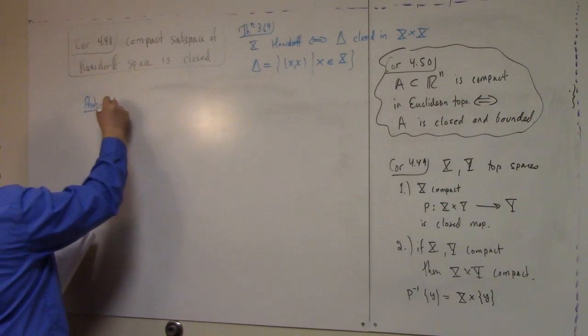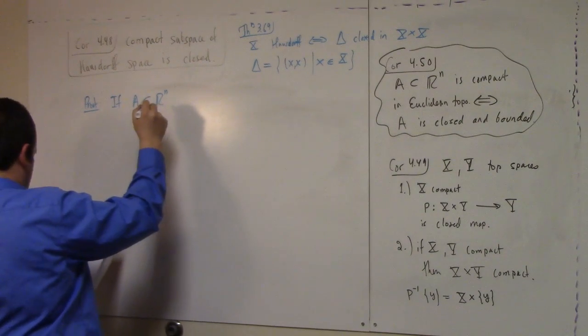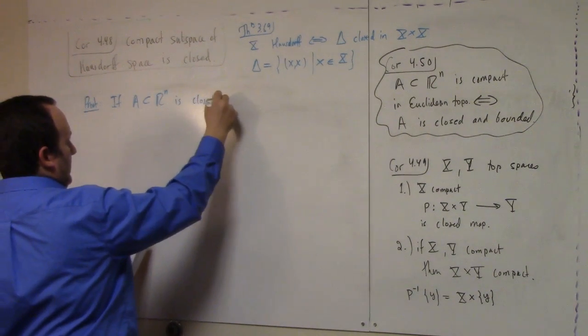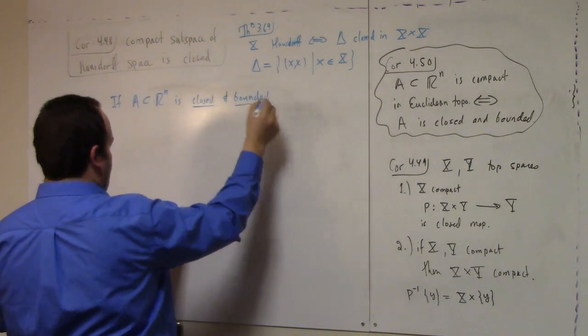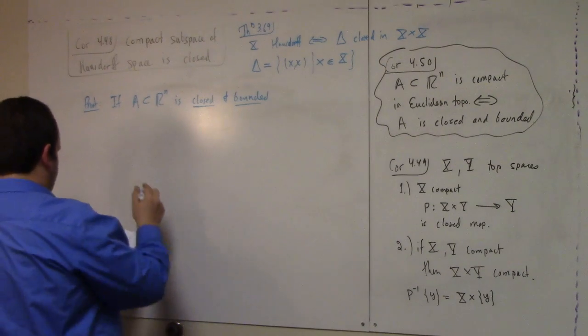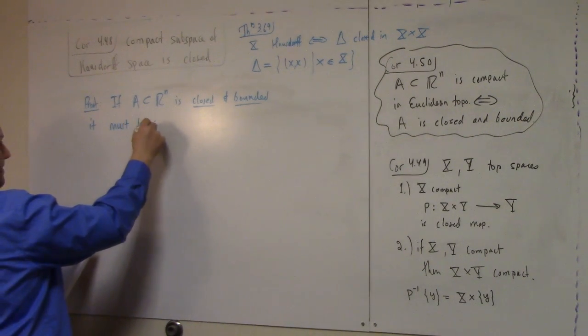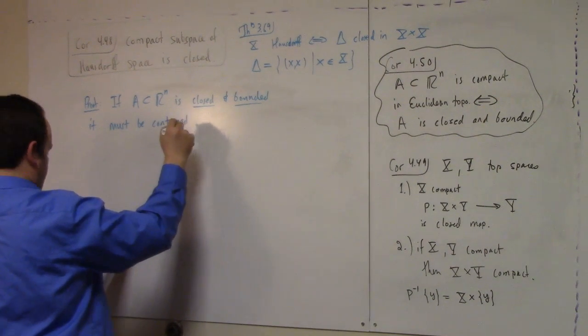All right, here's the proof. So if A, a subset of Rn, is closed and bounded. What does bounded mean, by the way? It must be contained in some open ball, a finite radius.